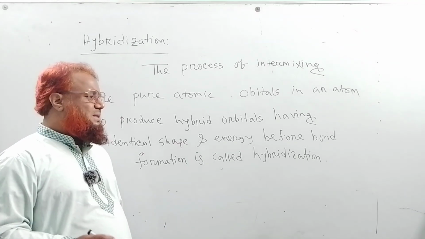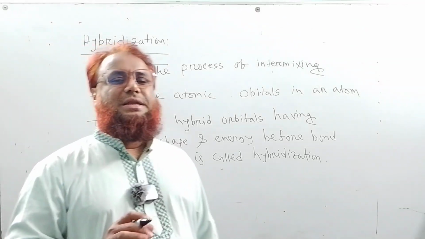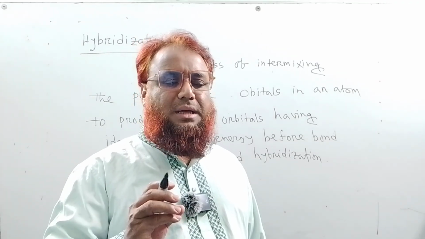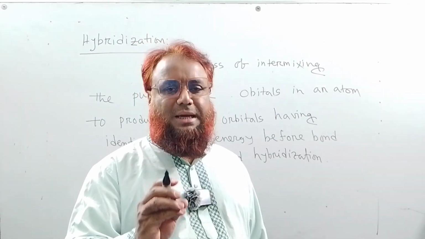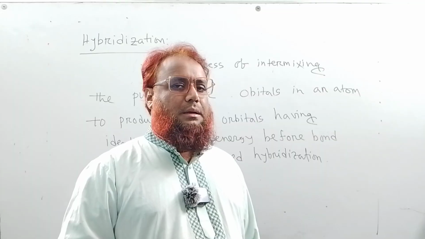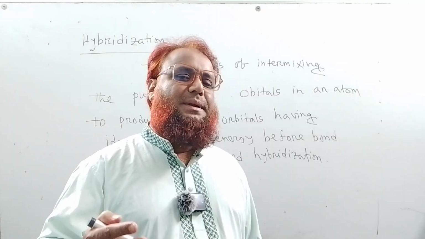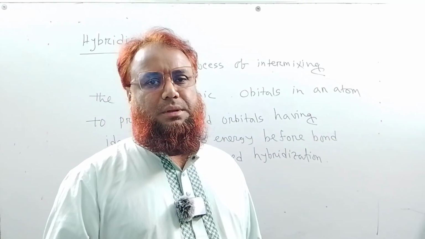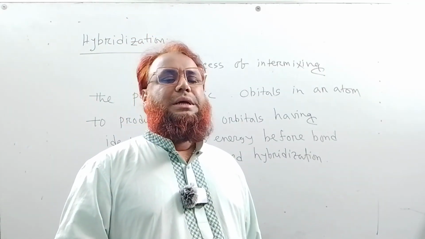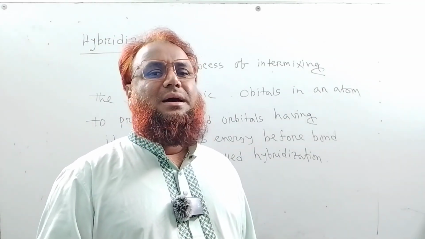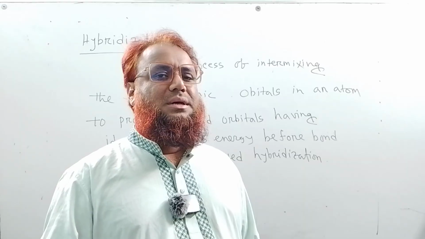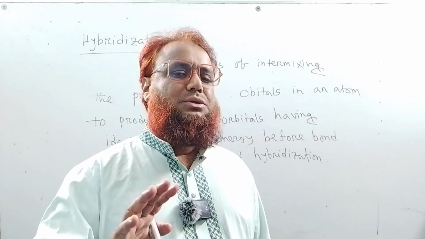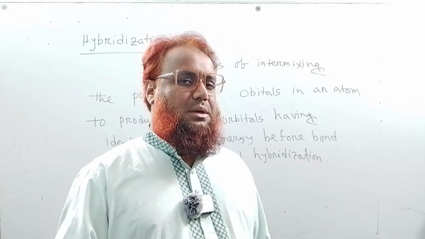Basically, hybridization is the process of intermixing orbitals. It is happening in a single atom, but the hybrid orbitals will participate later in bond formation. So, you must be clear about that. Hybridization is not the mixing of orbitals between two or more atoms.